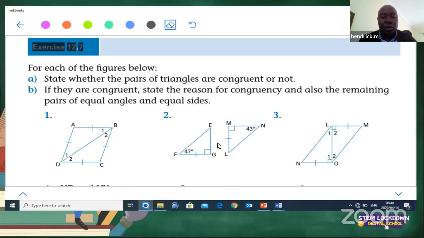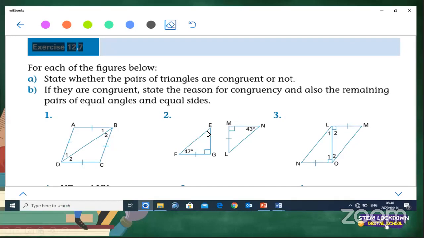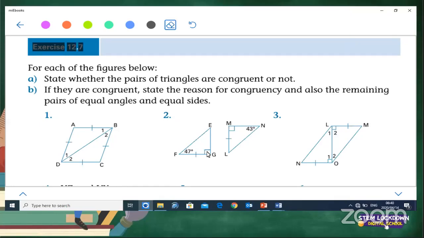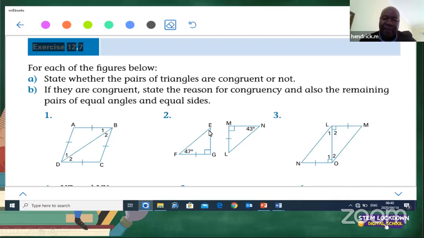Now, what do you need to do? You need to find the third angle. If you add 47 and 90, you will see that this angle in here will be 43 degrees.